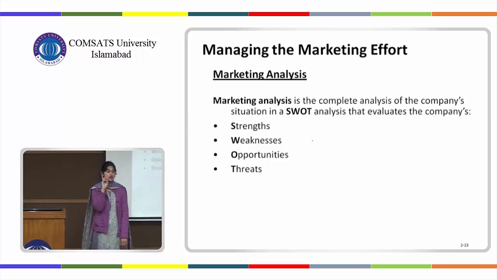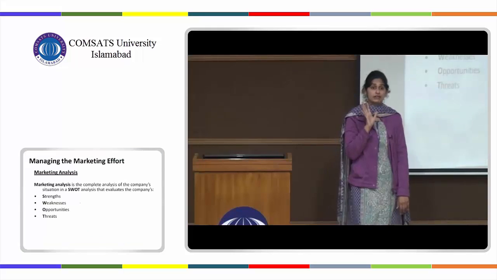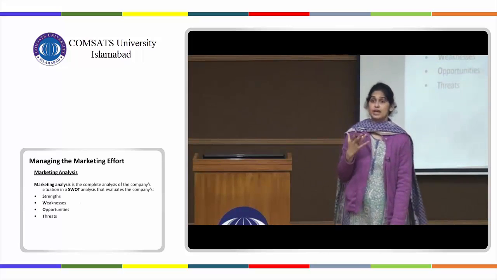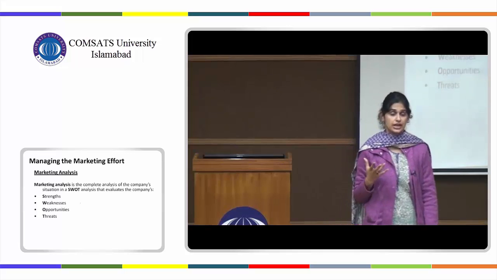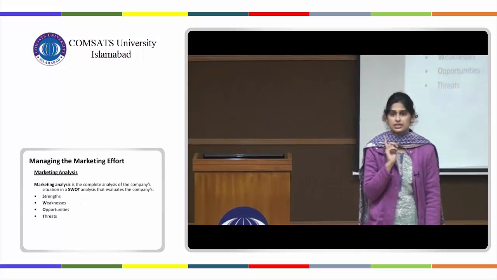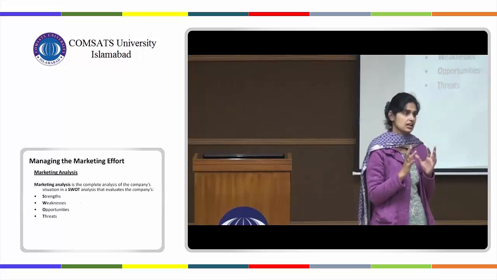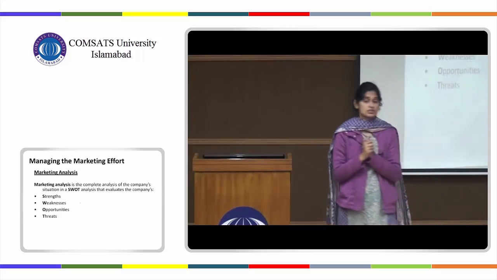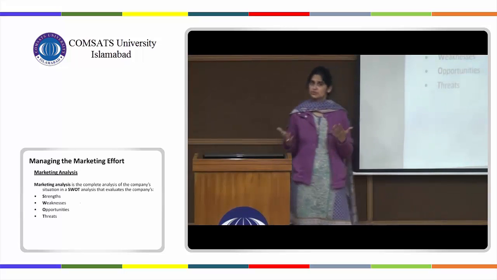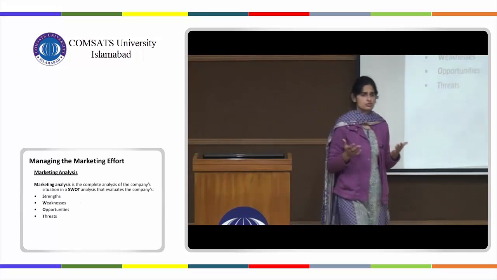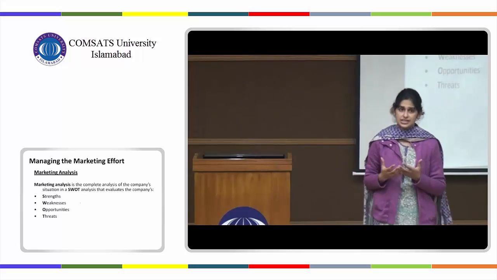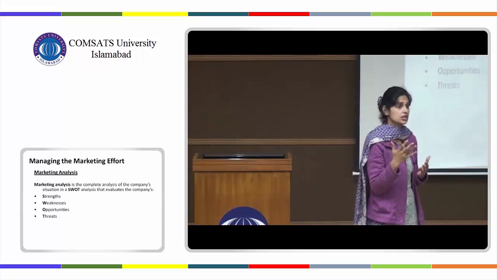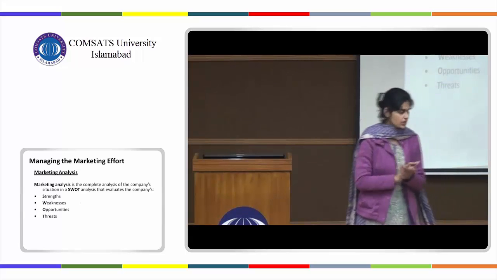So you need to scan all these in your environment to make sure that you design your planning effectively, right? So you need to see the outside environment. You need to assess the outside environment. Now outside environment can be assessed through a simple process, that is SWOT analysis. By understanding it's simple, but when you do in real-time settings, it's quite a complex procedure.